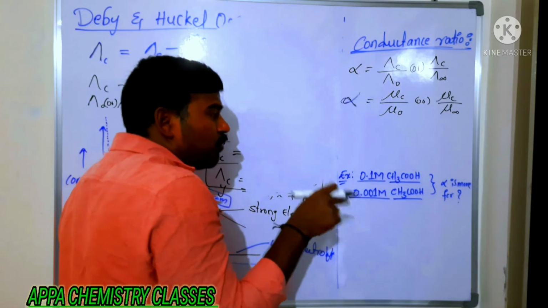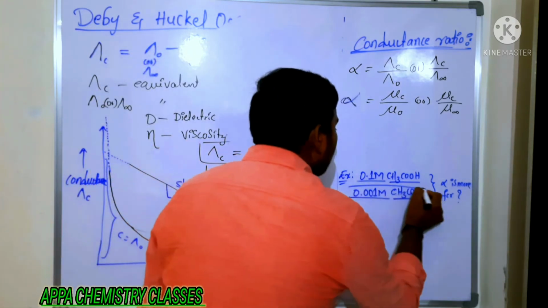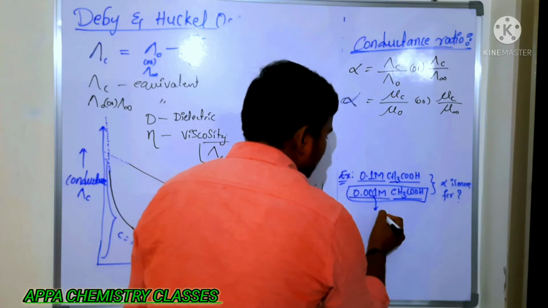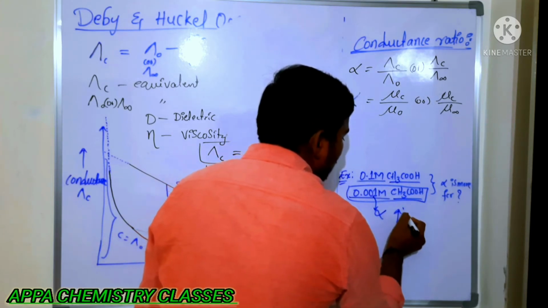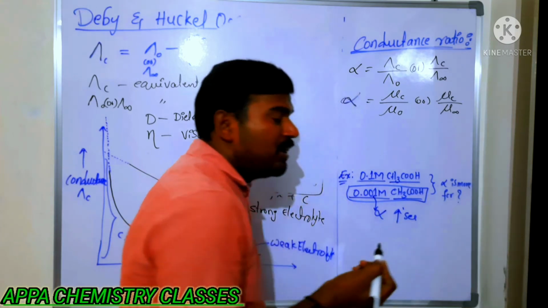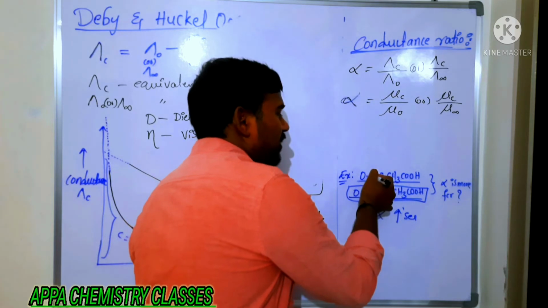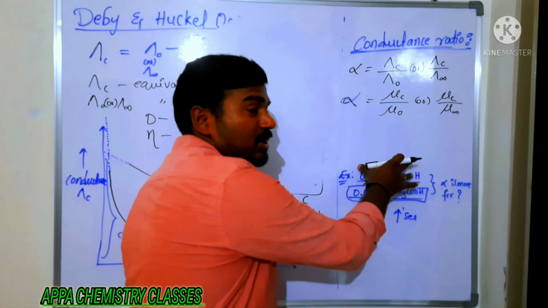So which has more degree of dissociation? This one. 0.001 molar acetic acid will have more alpha, more degree of dissociation, so its conductance is more compared to 0.1 molar acetic acid, which is the concentrated one.